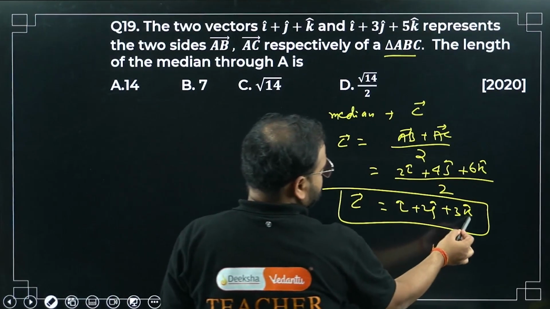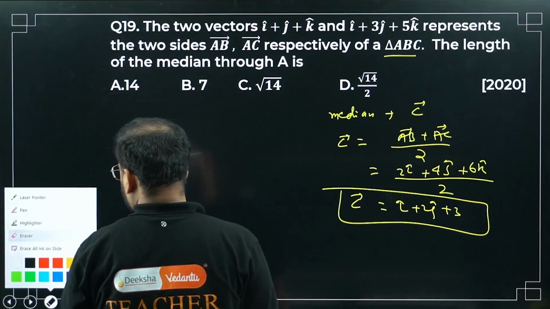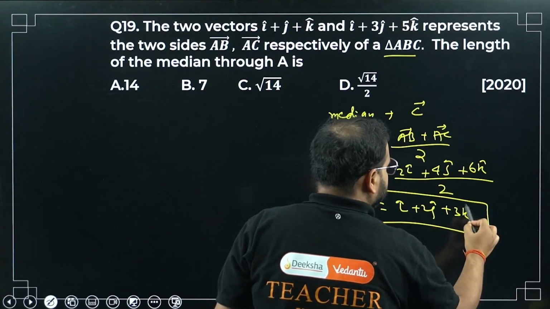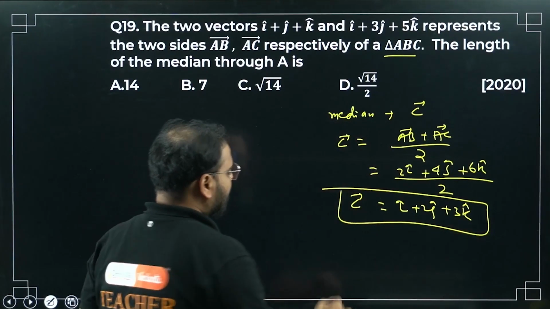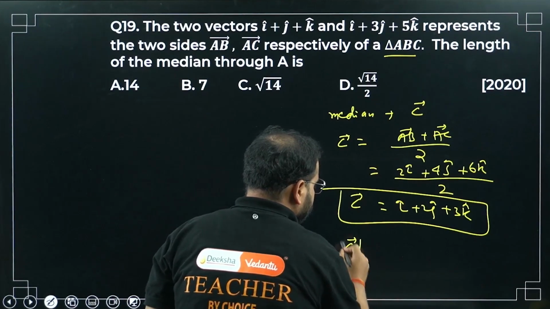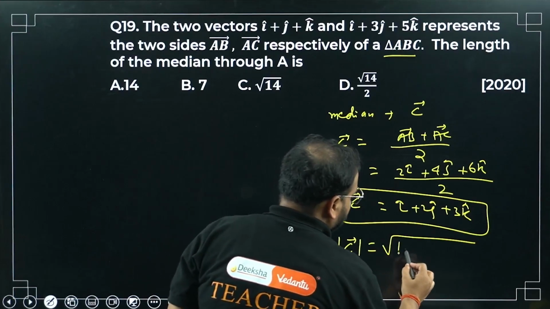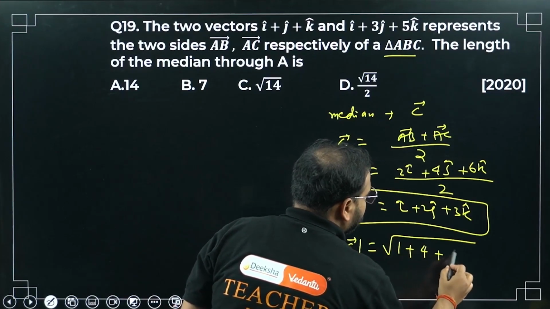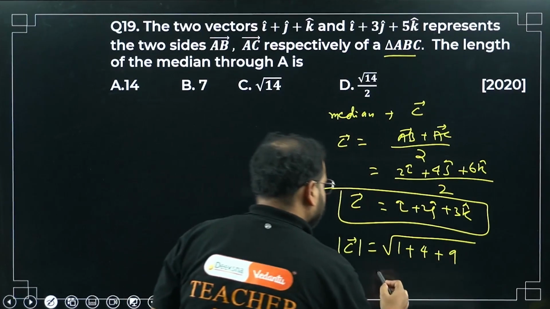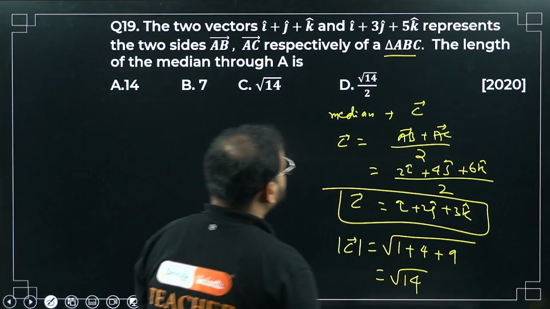So can you find the mod of this? Please check. You're gonna get 1 plus 4 plus 9. That's simply root 14.